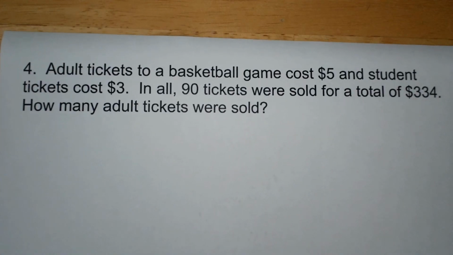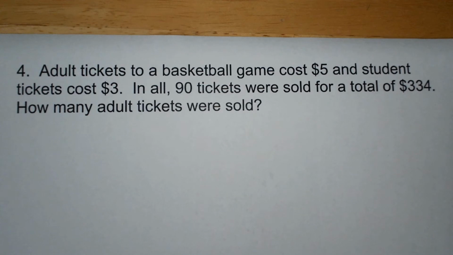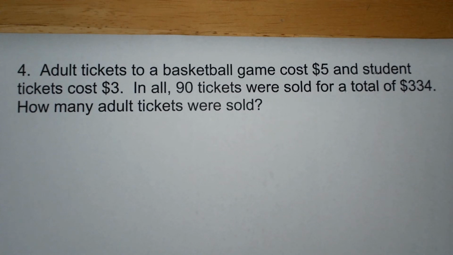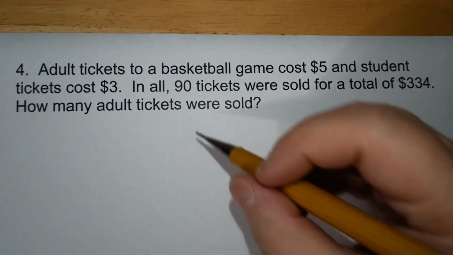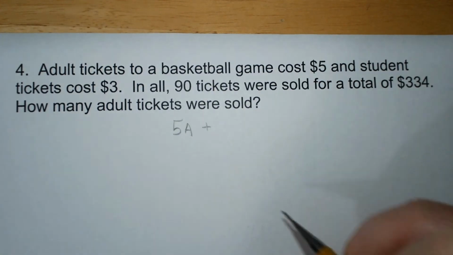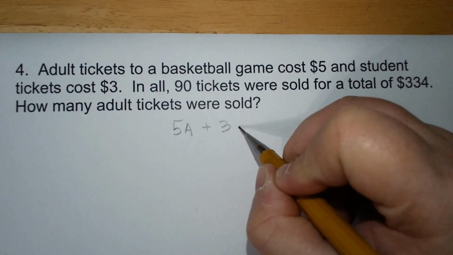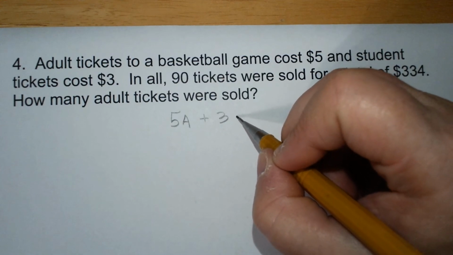Adult tickets to a basketball game cost $5 and students cost $3, and all 90 tickets were sold for a total of $334. How many adult tickets were sold? Money, money, money. Object, object, object. There we go. 5 for adults and 3 for children. I don't like S's because S's become 5s.